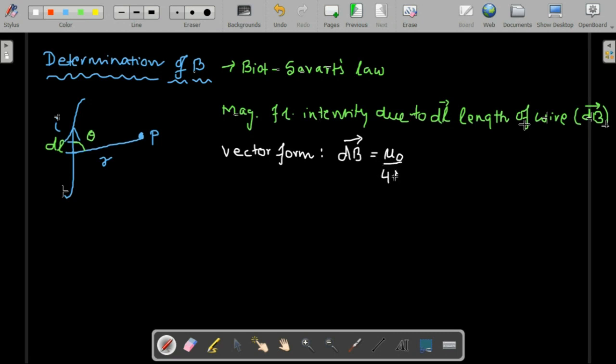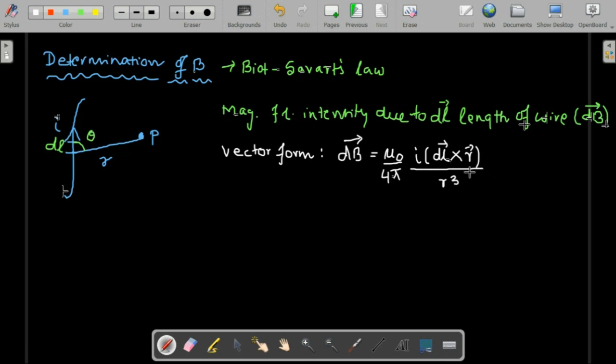For magnetism, it's mu naught divided by 4 pi. We write I, and since it's a vector quantity, I have to write vector components here: dl cross r bar. Magnetic field is a vector quantity because it has direction. A dot product would not give you the direction because it gives a scalar. So we have a cross product here, which gives a vector, divided by r cubed. This is the vector form.